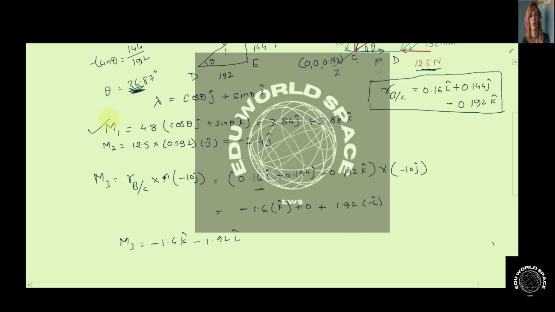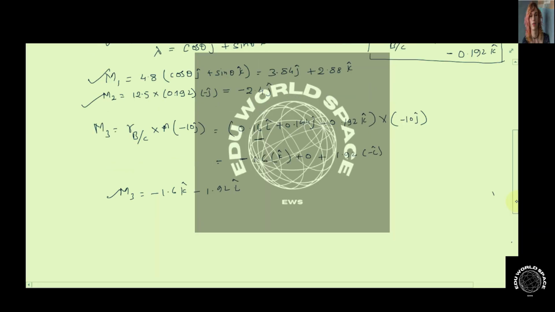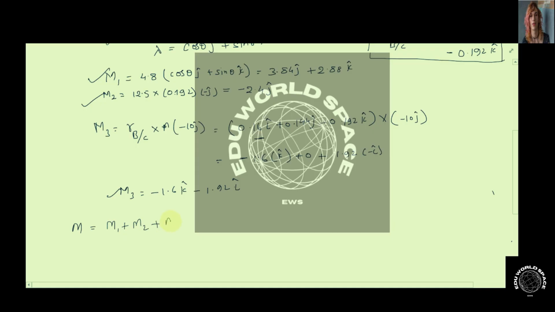Now M1 vector is known, M2 vector is known, M3 vector is known. So the equivalent moment can be calculated by using vector sum. M vector equivalent moment will be M1 plus M2 plus M3. M1 we have already calculated, 3.84 j cap plus 2.88 k cap, plus M2 vector is minus 2.4 j cap, and M3 vector is minus 1.6 k cap minus 1.92 i cap.